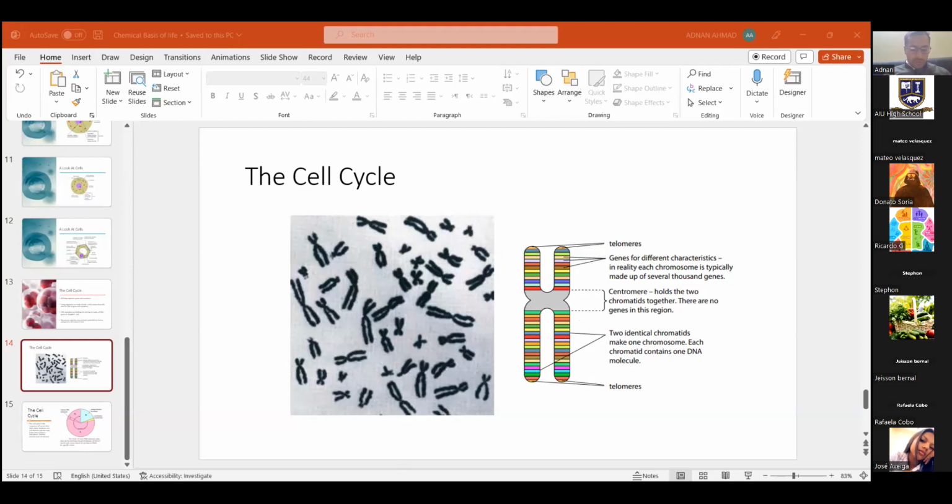Let me show you a picture of a DNA. It's a double helical structure. You may have seen it in your books.